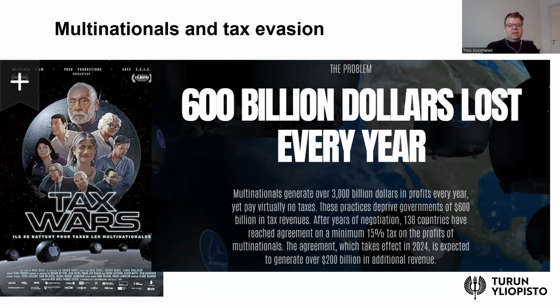And very recently, in 2024, 136 countries reached an agreement on a minimum of 15% tax on multinationals' profits. This is expected to generate over $200 billion in additional tax revenue. We will see how effective this initiative is, or whether the multinationals find other ways of avoiding taxes. But this is definitely an important motivation for multinationals' corporate structure.